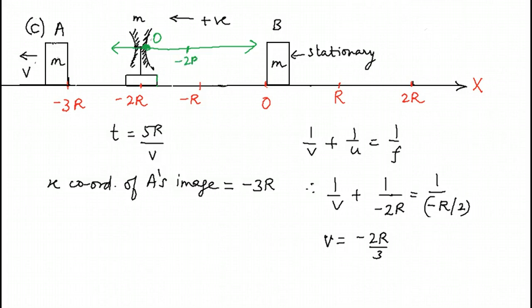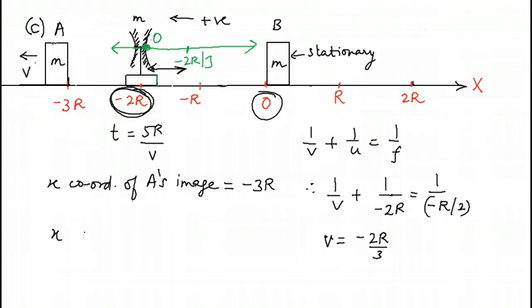But we really have to find the coordinate of the image with respect to this origin. So what I can do is, I can merely take this point minus 2r, and I just add, knowing that this distance is 2r by 3, I just add 2r by 3 to this coordinate.